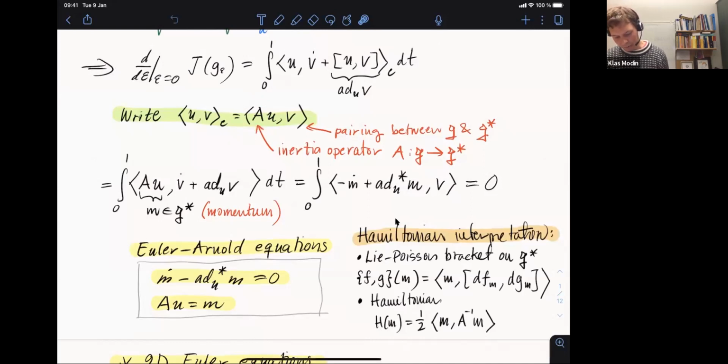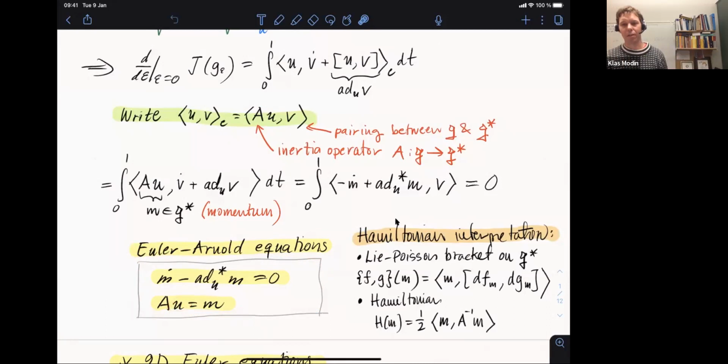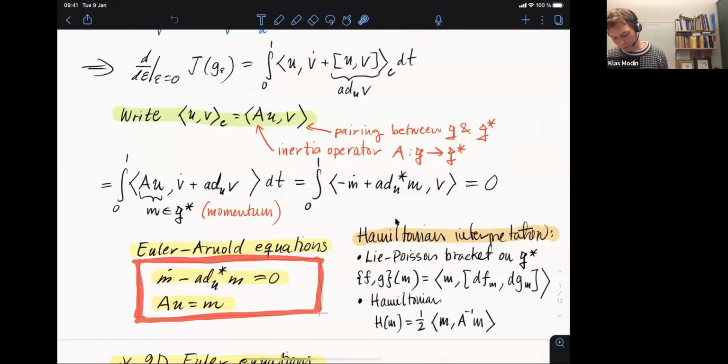And then the equations of motion, the so-called Euler-Arnold equations, are a set of equations evolving on the dual of the algebra, right? And so the A is defined by the metric you chose? Yes, exactly. Or you can say that A defines the metric. So this is the abstract way of writing down the Euler equations from this perspective.